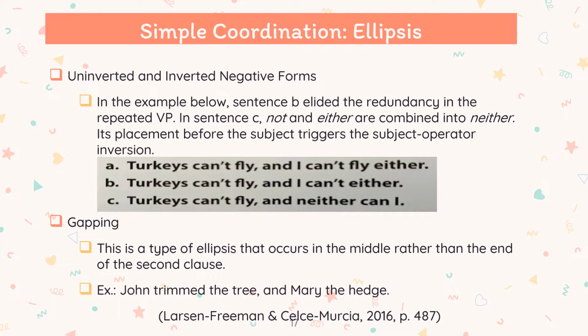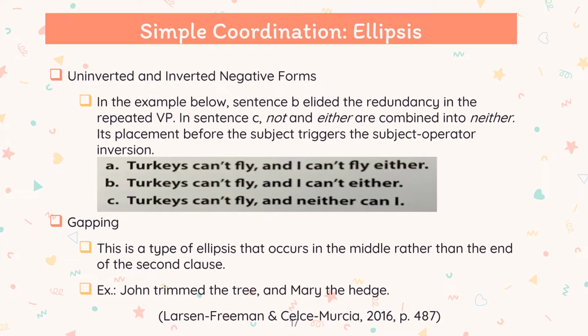There are also uninverted and inverted negative forms. In the example below, sentence B elided, like eliminated, the redundancy in the repeated verb phrase. So if we look at B, it says, turkeys can't fly, and I can't either.